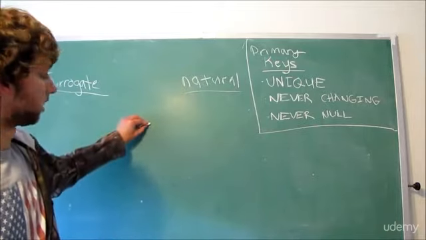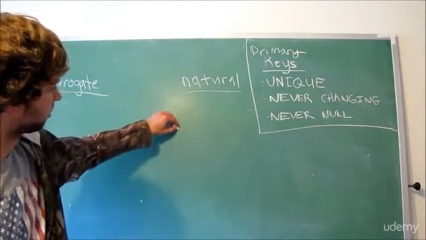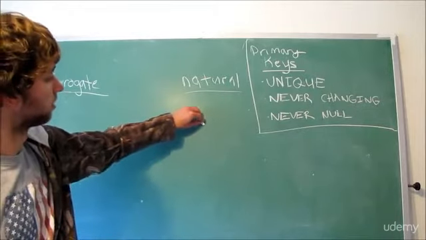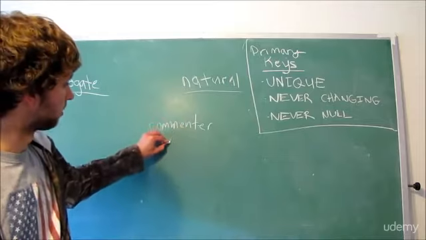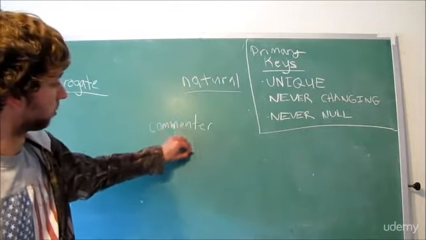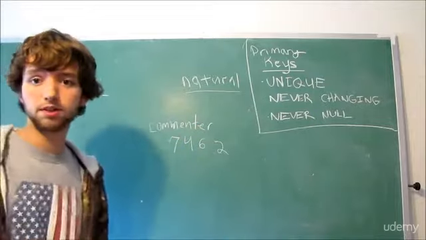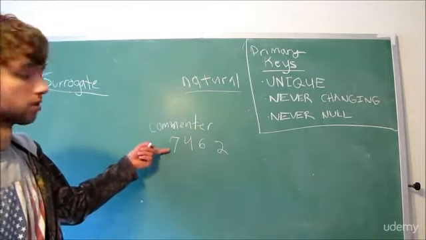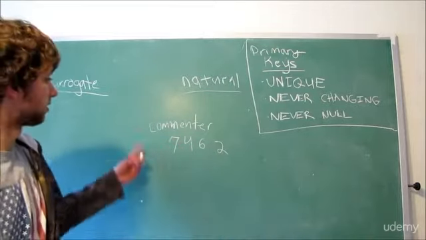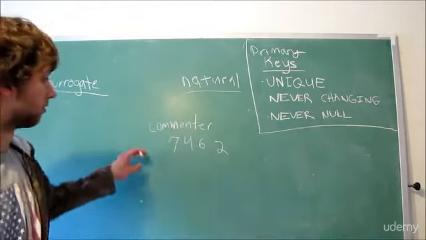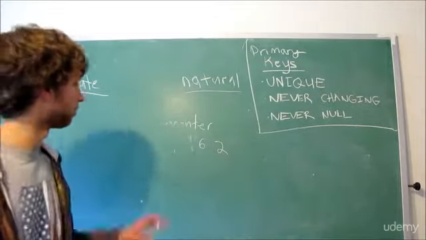Let's say we have a column, like a commenter for a comments table, and we just have the value 7,462. Well, is this clear? It's talking about the user with the ID of 7,462. Sometimes columns won't be very descriptive though, and that would be a fault in the designers, so make sure you name your columns right.